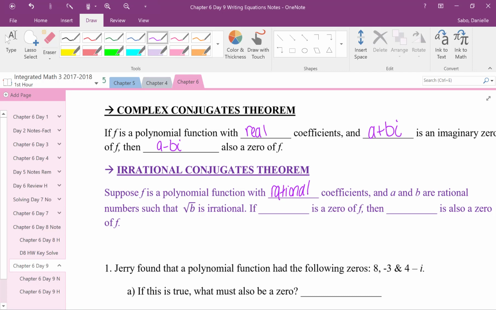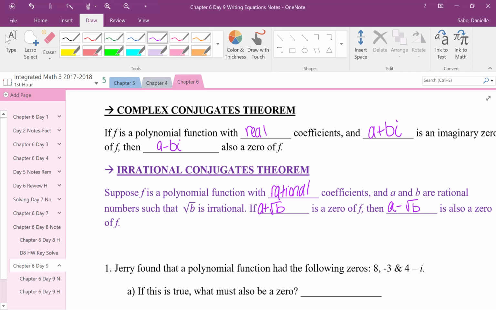If a plus radical b is a zero, then we know a minus radical b is also a zero. Again, that's coming from the quadratic formula.